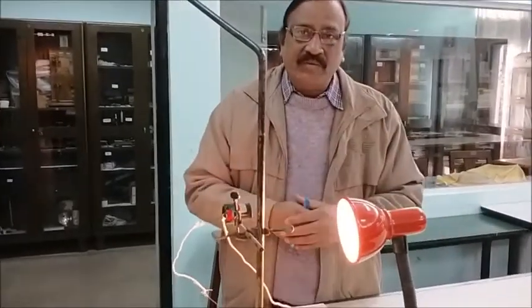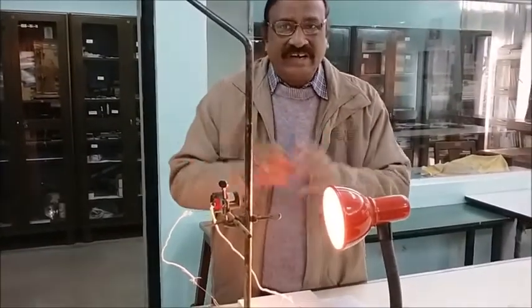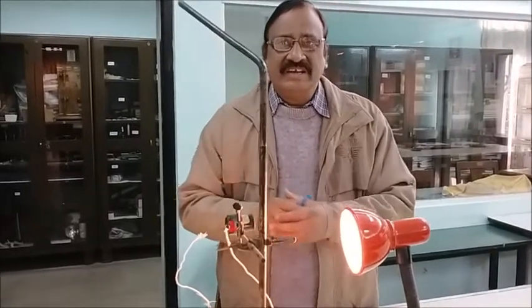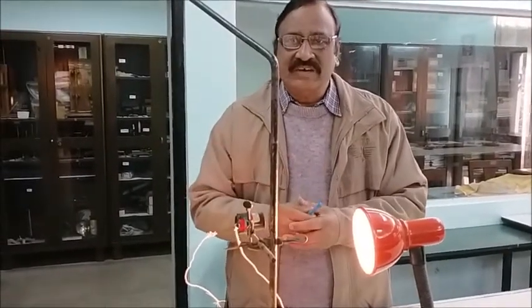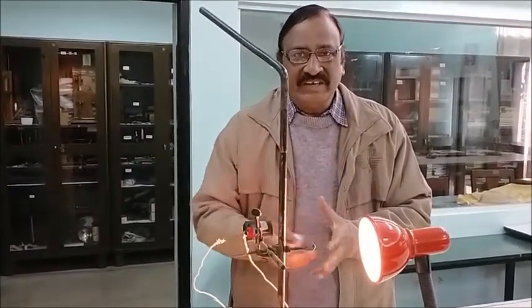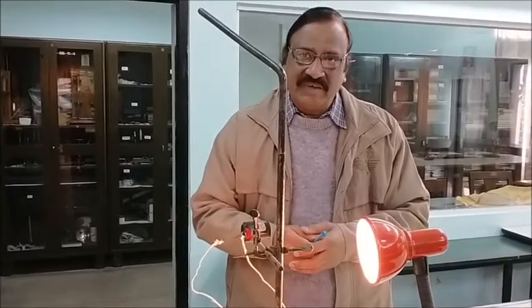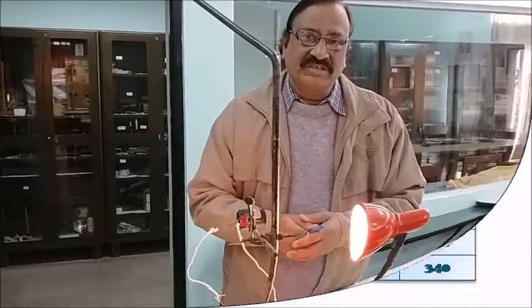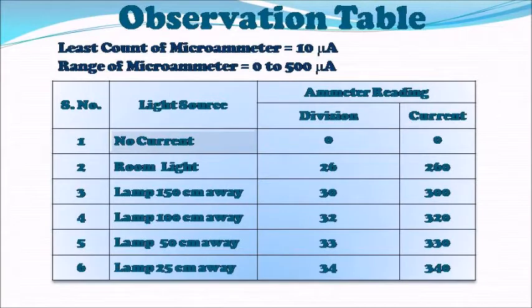We'll tabulate our entire observation and draw the conclusion regarding the variation of resistance of LDR with increasing intensity of light. Thank you, students. Now all the observations are given in the form of a table, and from the table you can easily make out that as the intensity of light increases, the current in the circuit increases, and hence the resistance offered by the LDR decreases.